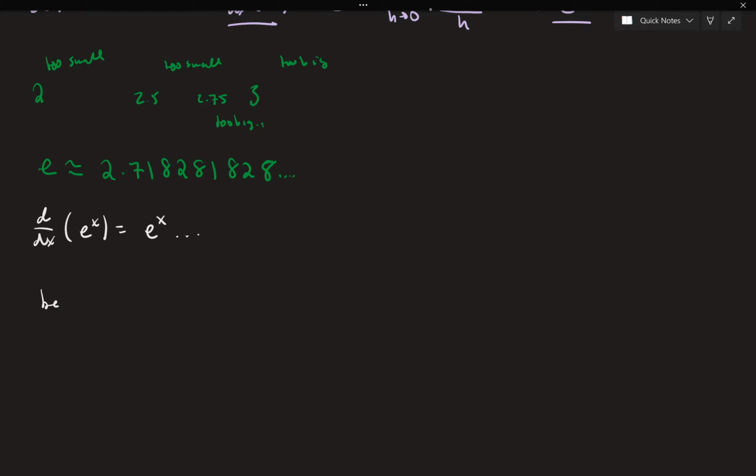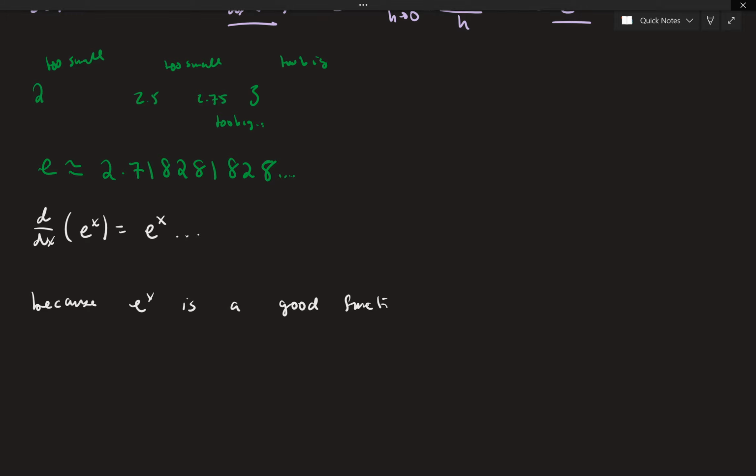Because e to the x is a good function, good just meaning it's a fine function to talk about. It's perfectly reasonable. It has an inverse. Define, this is a definition, the inverse as ln of x.